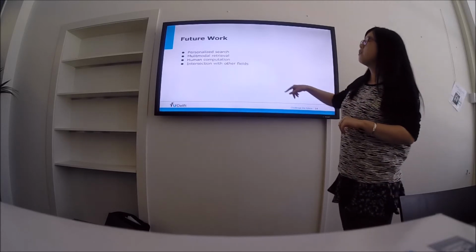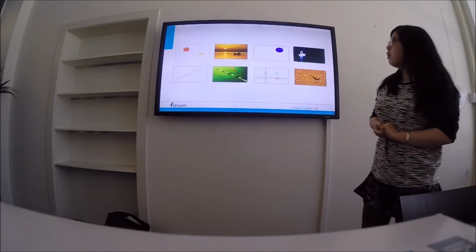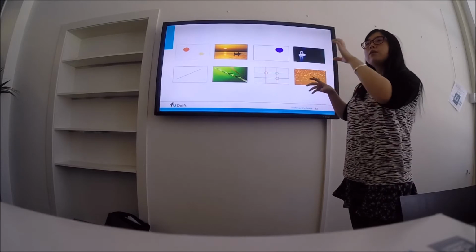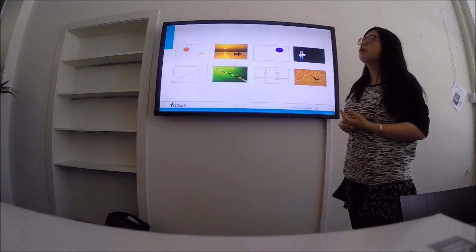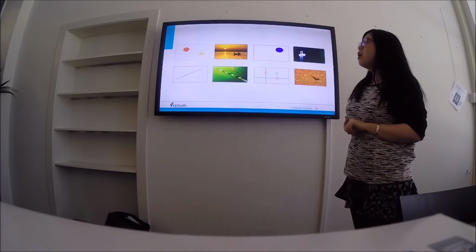And also, I think intersections with other fields are needed. For example, in the paper I referred to before, in the central extraction part, they think the object of interest is mainly in the central part of a picture.